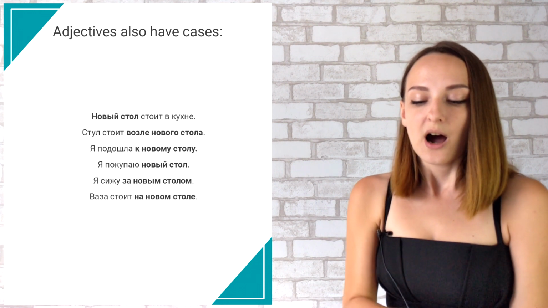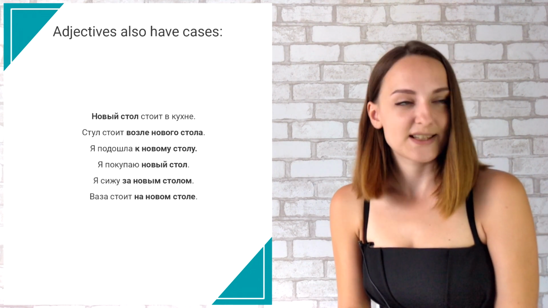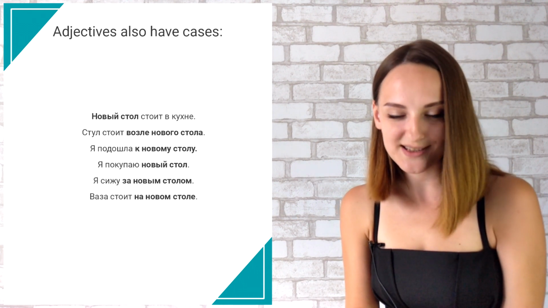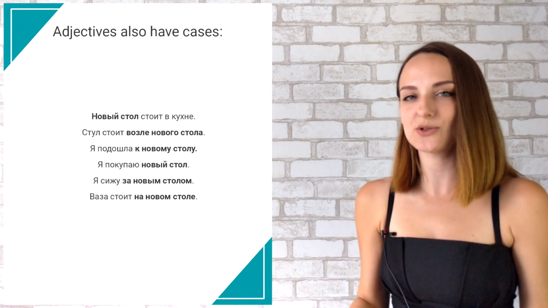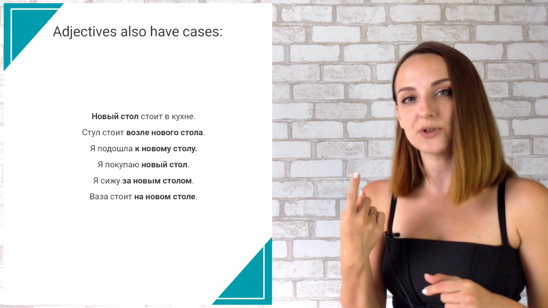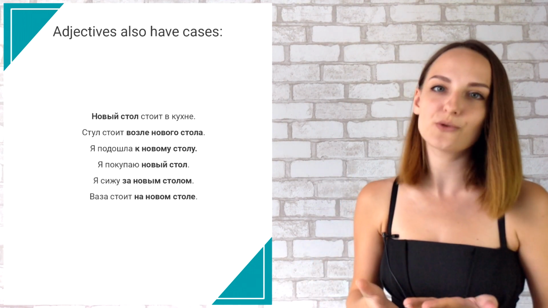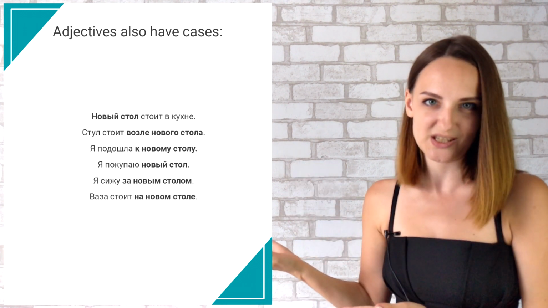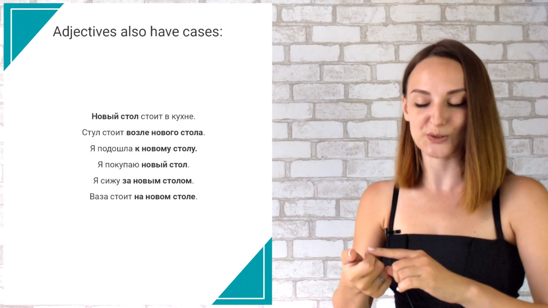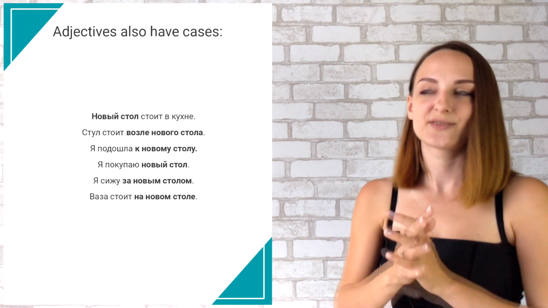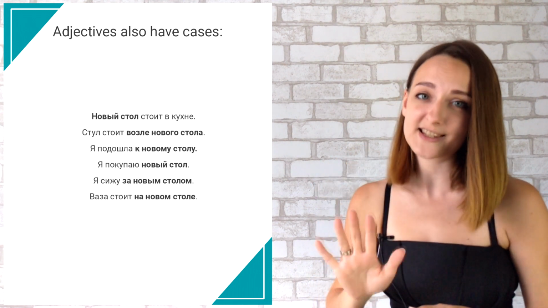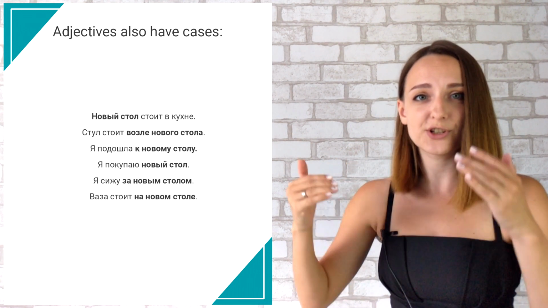Adjectives, except for genders and number, also have cases, right? And the good news is that you know that in Russian we have 6 cases. And one of them you already know. You already know the nominative case. We just worked with it. Nominative case has 4 forms: masculine, neuter, feminine, and plural. And each of the other 5 cases also has all these 4 forms.